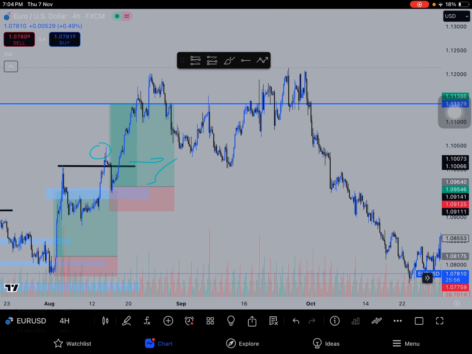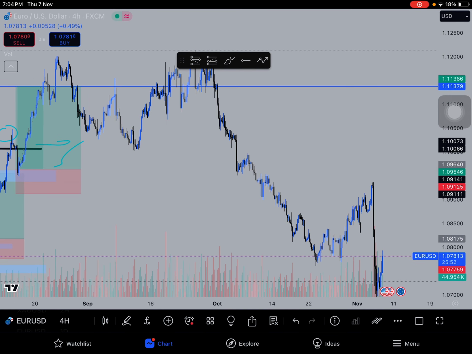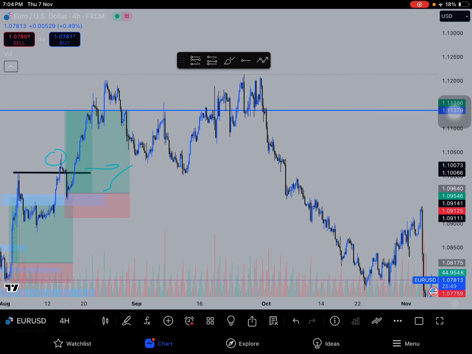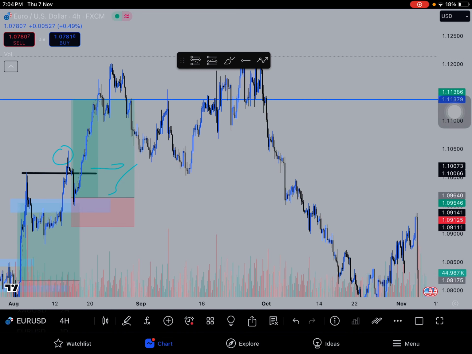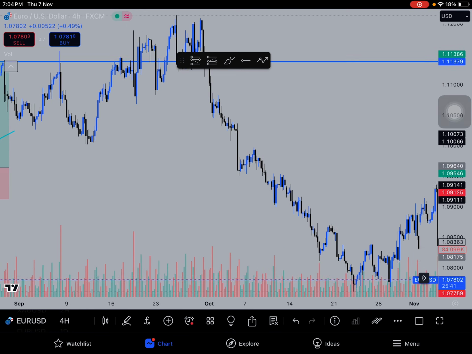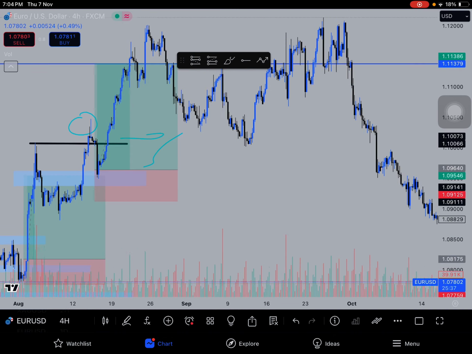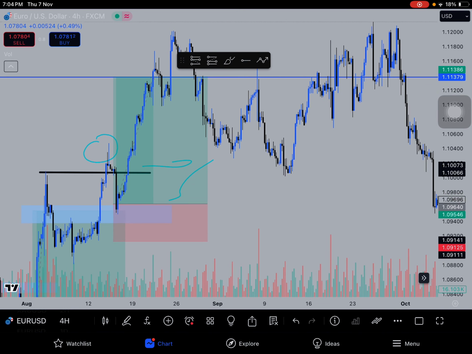Before that, we'll go and see some example charts also. So for a short trade, let me explain the short trade. Here's the thing.